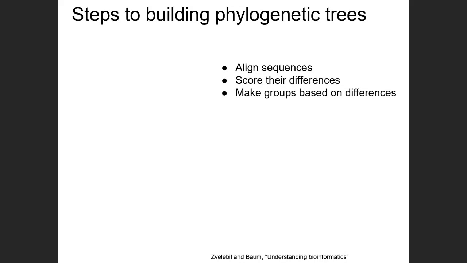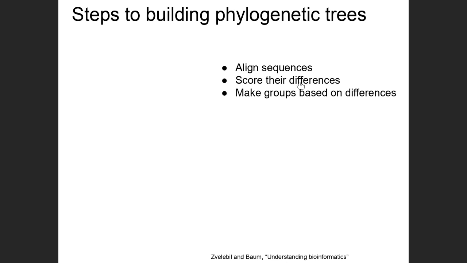All right, so how do we build that phylogenetic tree? It's not magic. So you align the sequences, as you guys have seen. If you're doing a multiple sequence alignment, then you are using a global alignment tool. So you align all of the sequences.